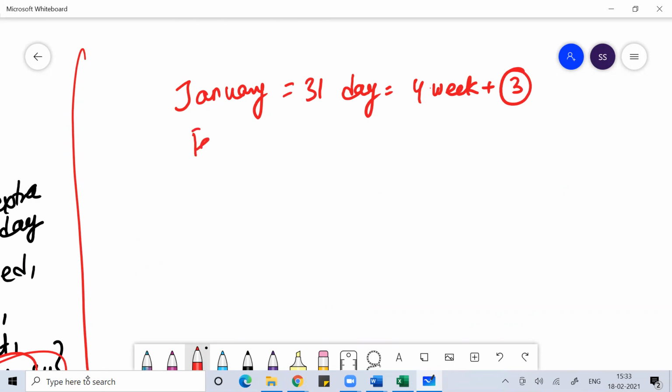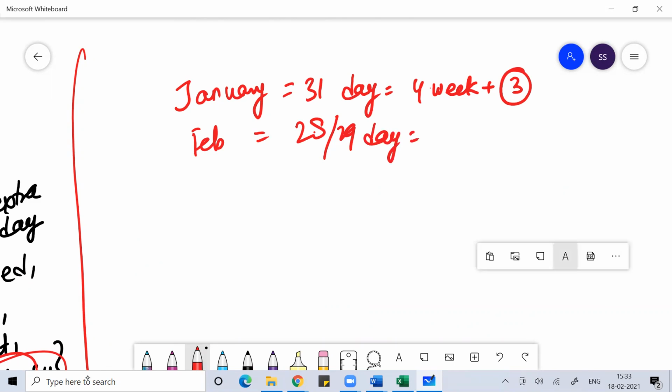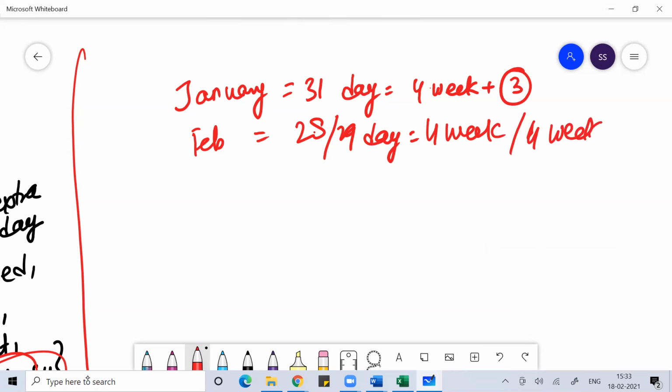When we say February, in a normal year it can have 28 days, or 29 in a leap year. So it can have 4 weeks or 4 weeks plus 1 day extra. Please understand this part.